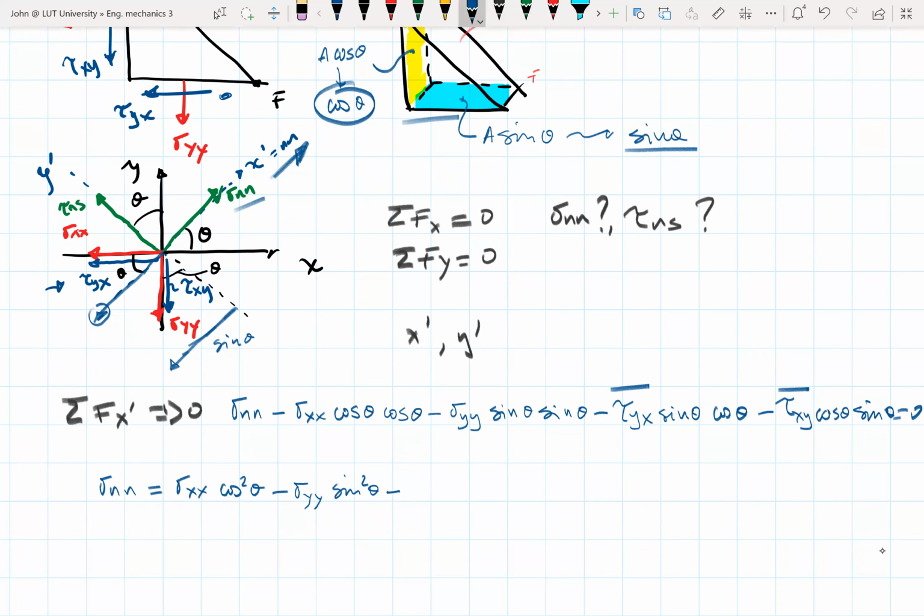This applies here also, meaning that these two terms are equal. Then I can write 2 times this term, it would be 2 times tau xy sine of theta cosine of theta. Let's call this equation 1.